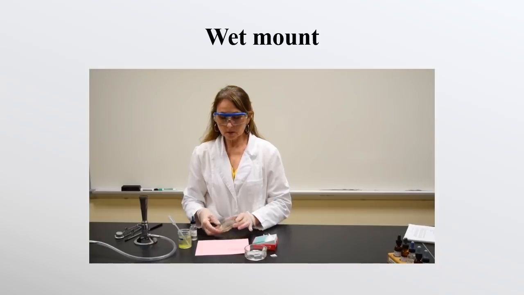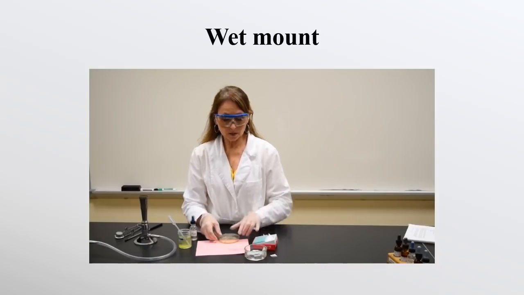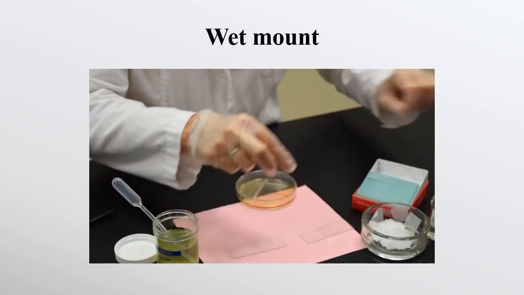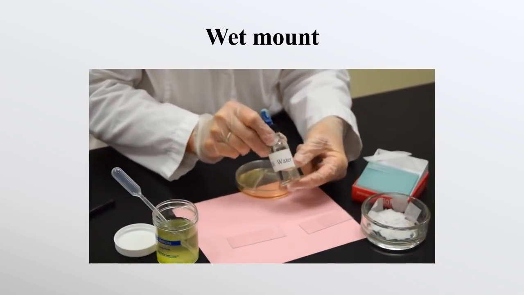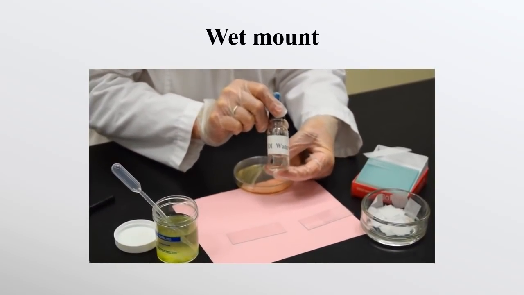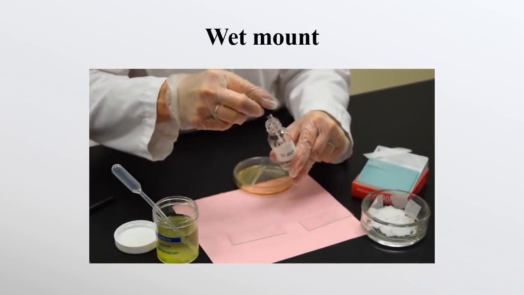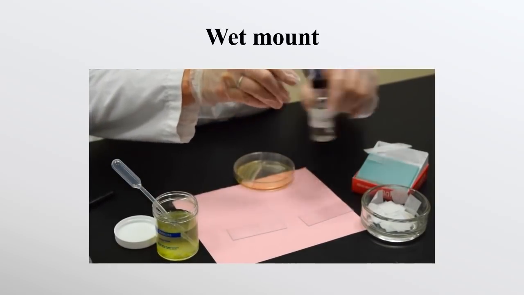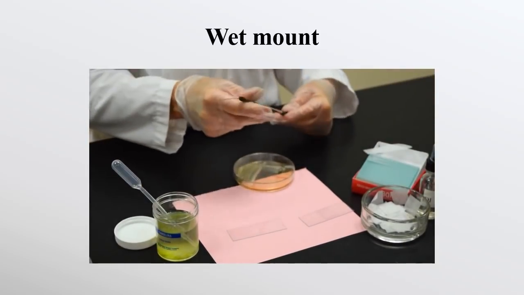When the starting material is a colony on a Petri plate, you will take a slide and put a drop of deionized water in the center of the slide. Then, using aseptic technique, you'll be using your inoculating loop.